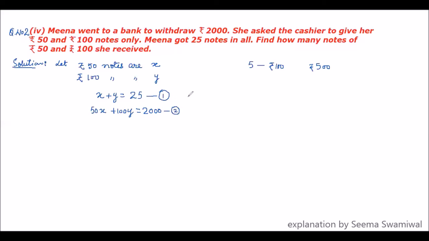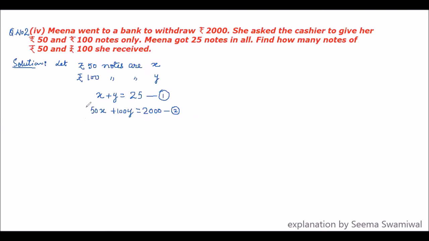So in this way, with the given two conditions, you will find the equation. Finding the equation is a difficult task, so you have to be very careful, read the conditions given, try to understand them, and then convert them into equations.